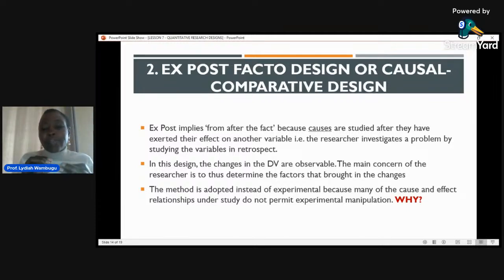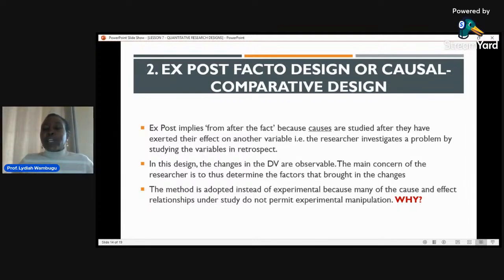I have underlined the word causes because cause and effect have a very strong meaning in research. But I have used it so that we can explain why it is similar. It normally mimics experimental.